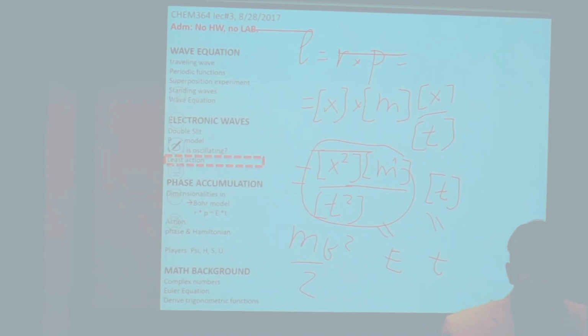On the other hand, in Bohr's model, we have these cosine oscillatory functions. And of course, oscillatory functions have an argument, have an angle inside them. Why don't we hypothesize that this angle, this argument of this trigonometric function, is actually action divided by Planck constant.